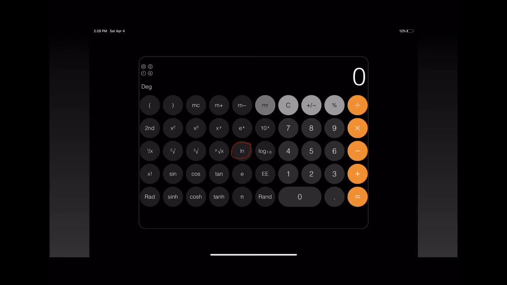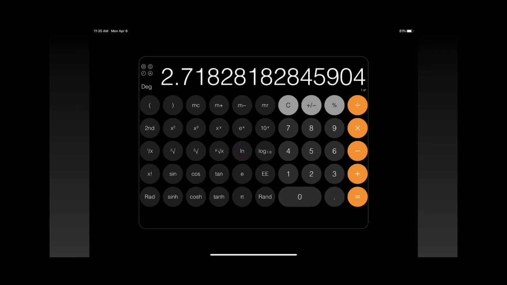That's what that button is designed to do. If we give the calculator any number at all, then it will tell us what power of E that number is. That is, what power you need to raise E to get that number.